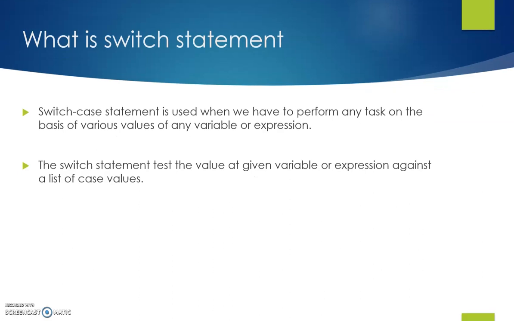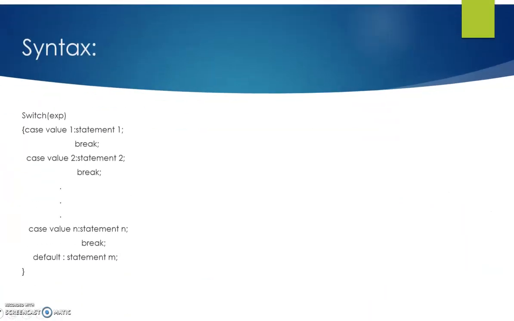So let's see the syntax for the switch statement. Here the switch is a reserved word or keyword in C. Here switch is having multiple results, so that based upon that condition the corresponding case values are executed. This is expression or condition. Here we have to pass any condition or any expression as an argument to the switch case.